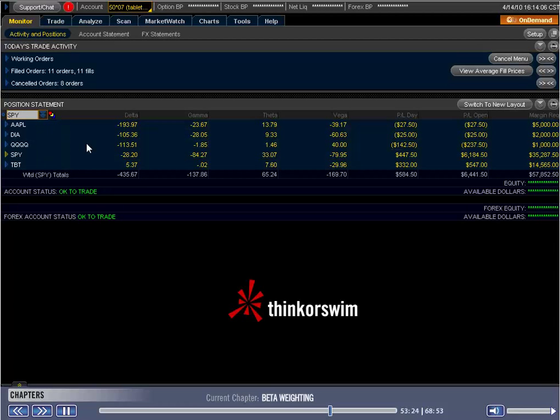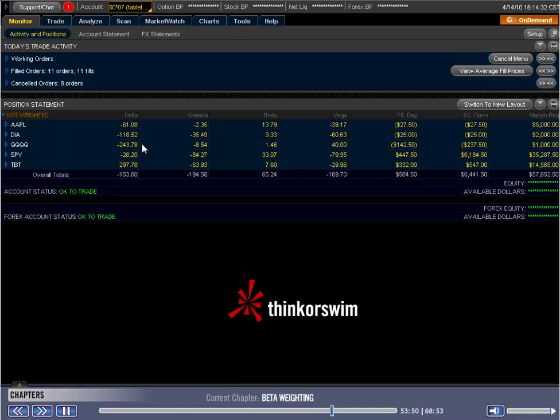And part of this Greeks and the final picture here is simply this. When you first log on to Thinkorswim, it defaults you to the Monitor tab, and you look at your delta, and you're like, okay, the delta of Apple is negative 61, and the delta of Diamonds is negative 118. But I want you to be careful, because you cannot add up deltas of Apple to deltas of Diamonds to deltas of Qs.